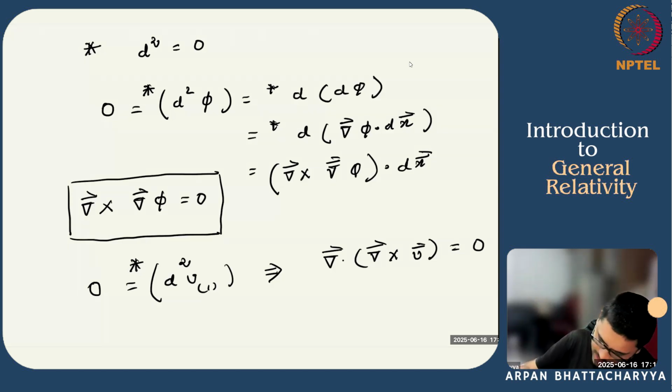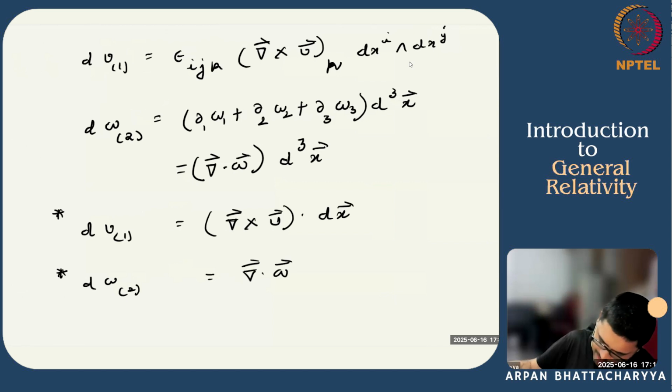So one thing just to remind you, when you are taking this derivative, you have to insert this Levi-Civita epsilon, and then further you are taking a star, then there will be another Levi-Civita epsilon, and an index of which will be contracted with this index of the Levi-Civita epsilon.